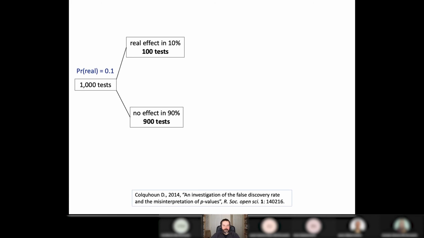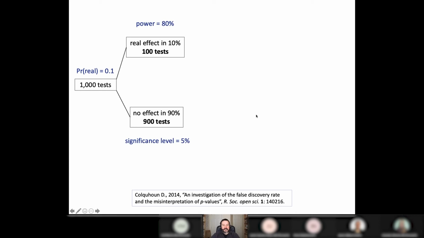Imagine we have 1,000 tests, for example, COVID tests, where the probability of a patient being infected, or the probability of the effect being real, is 10%. That means that we have 100 tests where the effect is real and 900 tests where there is no effect.